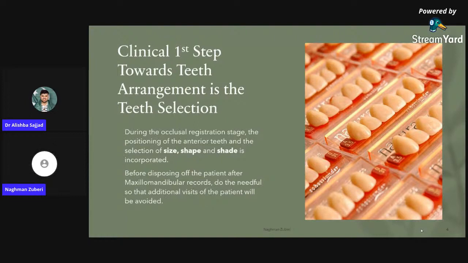No. Before disposing of the patient, do the needful so that additional visits will be avoided. And you will also not have the frustration that, oh, I have selected the wrong shade or wrong mold or wrong size. So we have to let the patient remain seated, and then we have to perform certain steps.